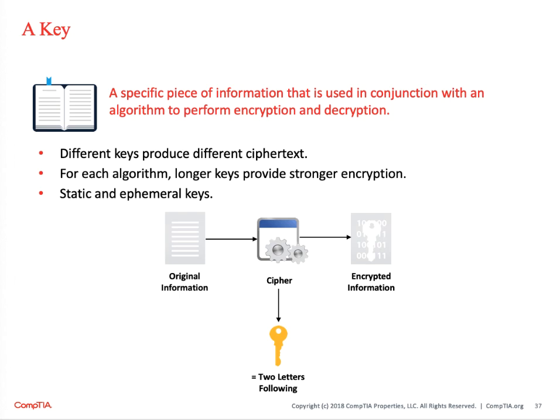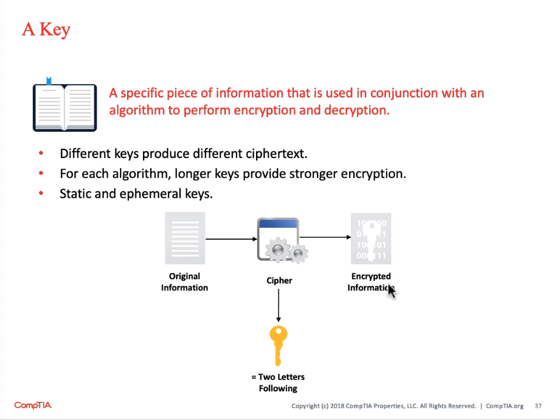Using different keys gives us different outputs. In this case, they have an example where we have our original information, and then we have a cipher, which is that algorithm, that mathematical equation. And then we have the key. To keep up with my algebra example, this is our equation, and x is going to be the key, whatever x is, 10 or whatever.